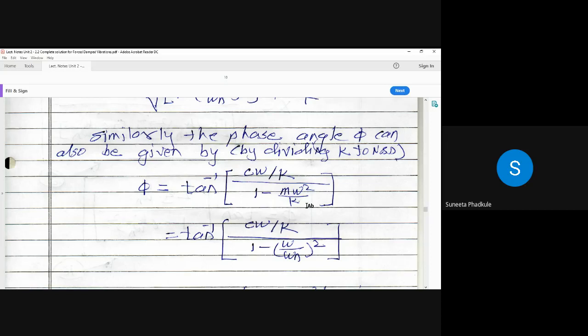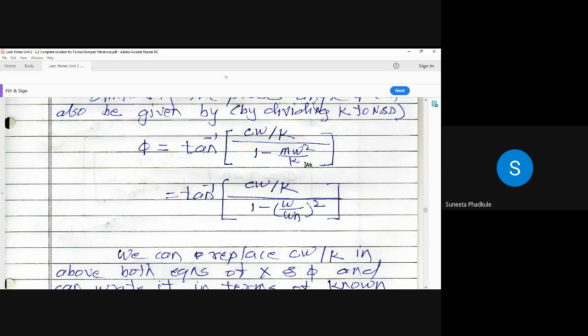Again here you take this m upon k, that is k upon m, that will give you ωn square. So it will become ω upon ωn bracket square. So phi is given by tan inverse of (cω/k) upon 1 minus (ω/ωn) square. Don't worry about this formula. You are going to write down this formula so many times in forced vibration that you will automatically get it by heart.